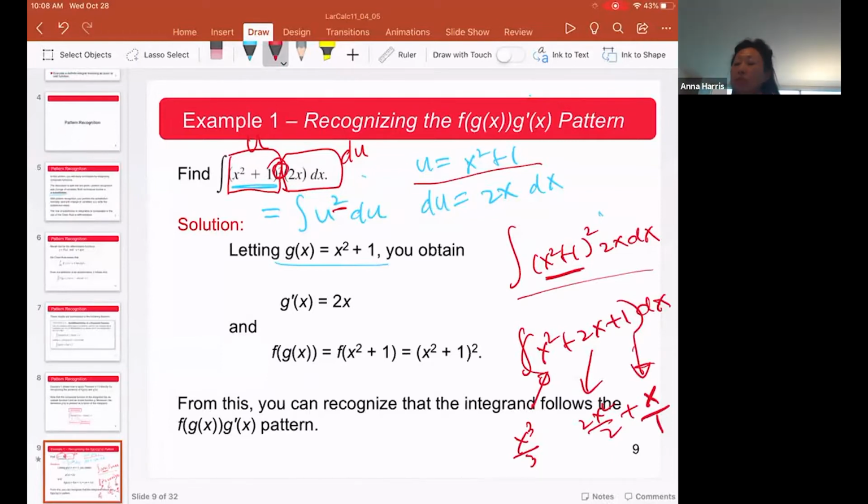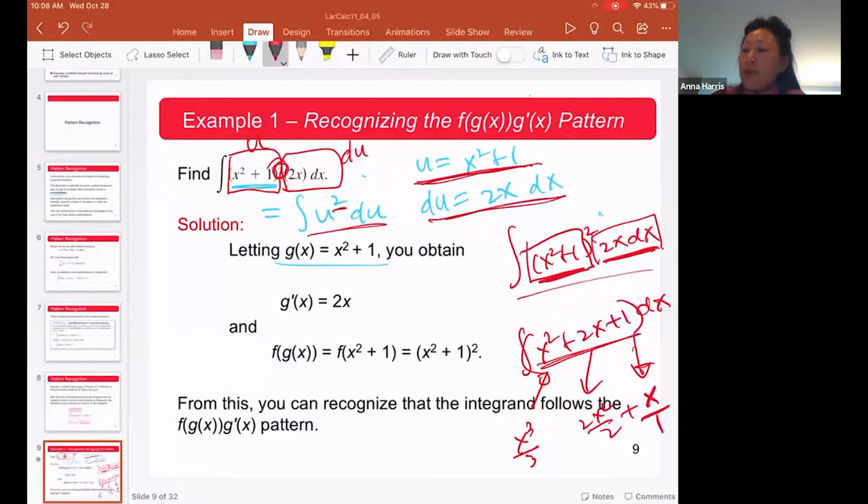So what we're going to do is make this problem like problems we already know how to do. If we do substitution and set that as u, the whole thing becomes du, and then this becomes a regular problem that we know how to do.